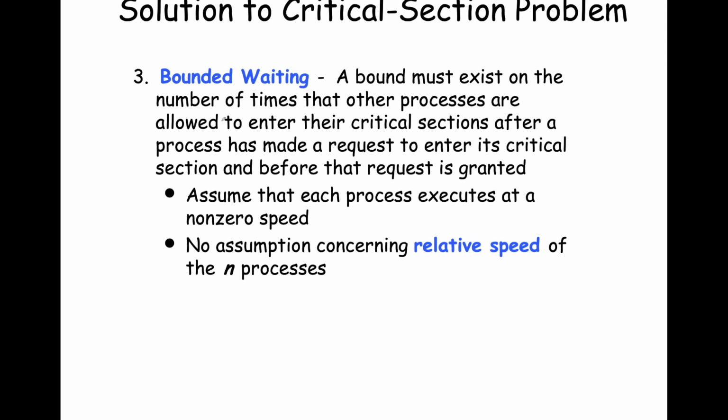You can assume that each process executes at some non-zero speed and takes some time. So after all the other n minus one processes have taken the time to execute their instructions in the critical section, that one waiting process should be given access. This bounded wait means that you don't wait forever to gain entry to the critical section. There's an upper limit on how long you wait.